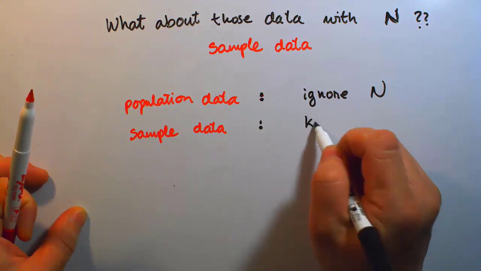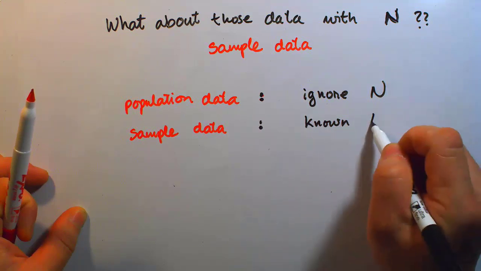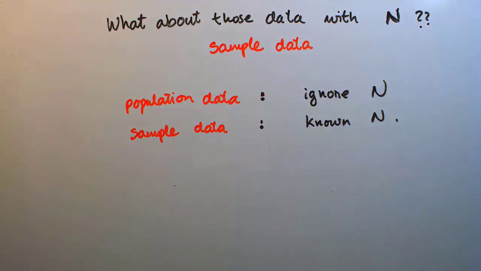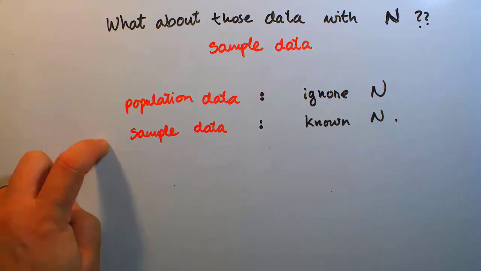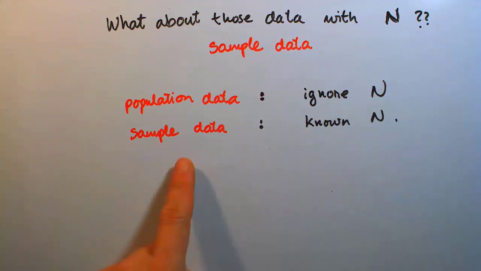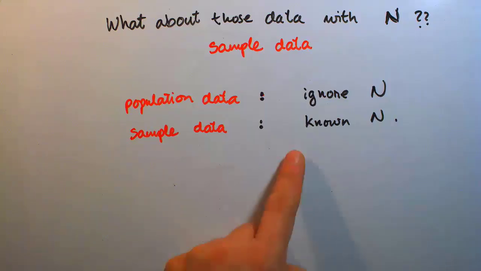They have a known n count. For now we're just beginning to work with population data and making that clear differentiation between sample data and population data. One major difference is that sample data has a known n count.